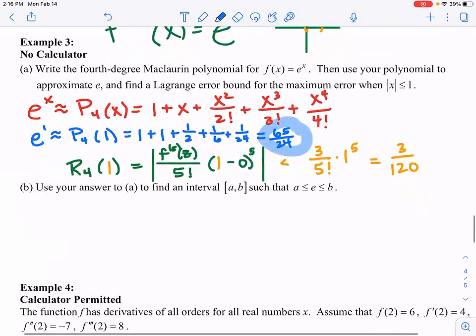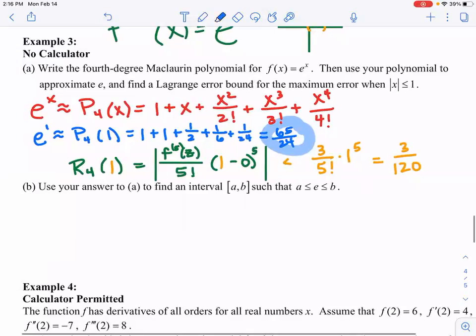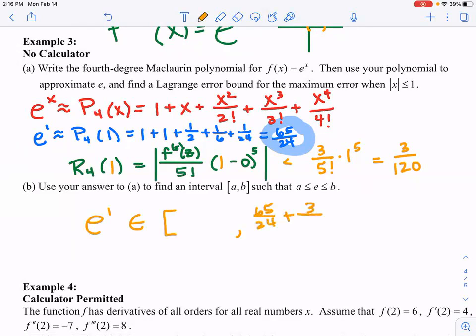So e to the first belongs to the interval 65 24ths plus 3 over 120 and 65 24ths minus 3 over 120.